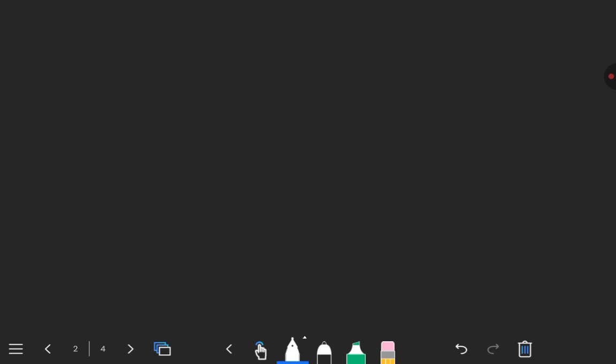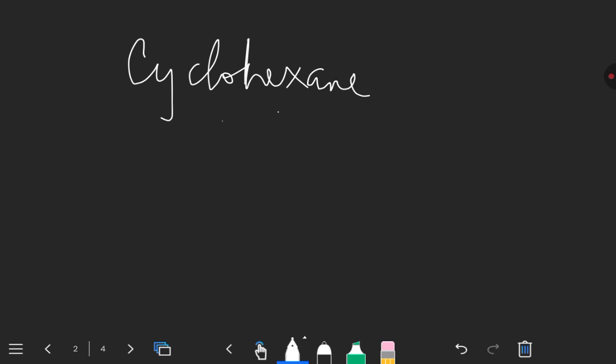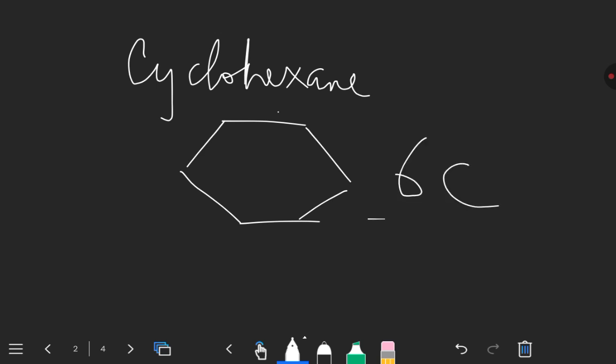Then cyclohexane is just the structure with 6 carbons, so that is cyclohexane.